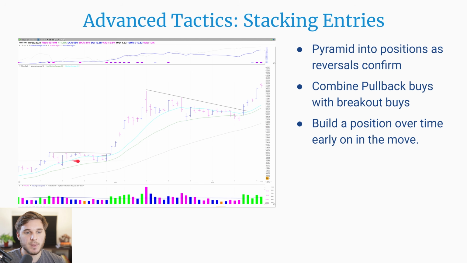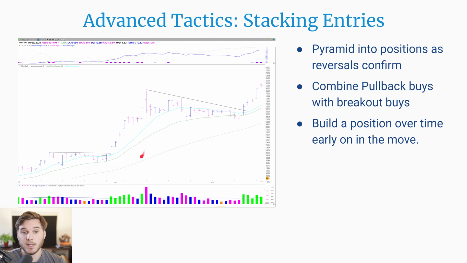This is a prior base pivot, this black line here, and you could have started your position on these hammers off that prior support level, added through this high, added through the break of this pivot, and combined these pullback buys with these breakout buys to build a position as a stock works for you, establishing a nice size position before the strong breakout push.